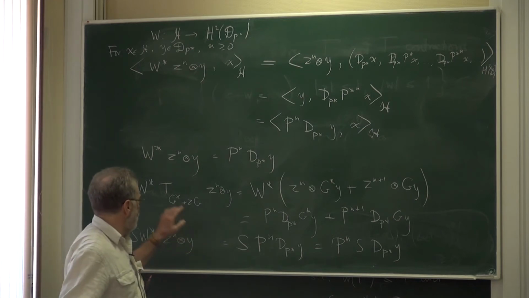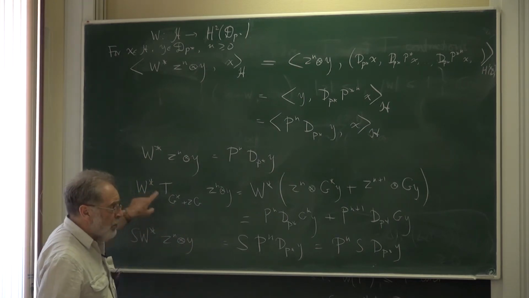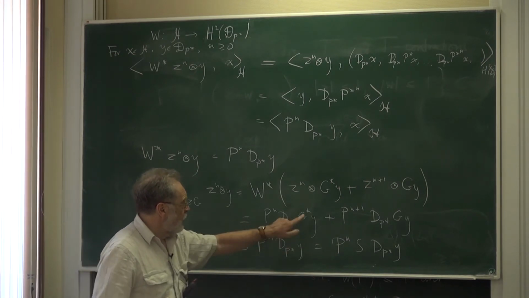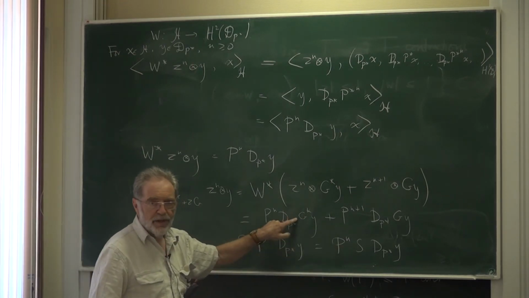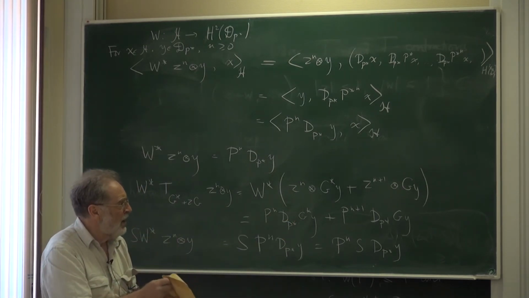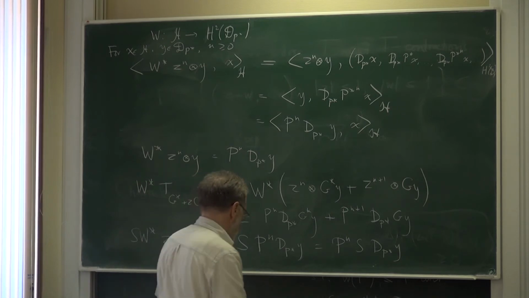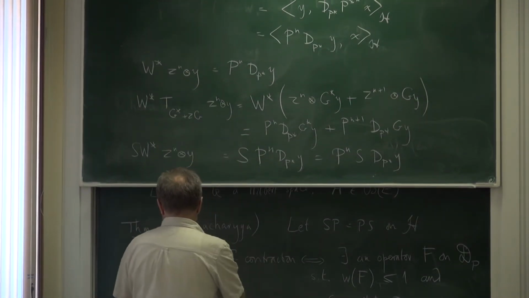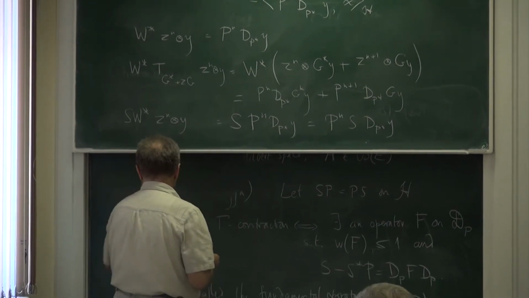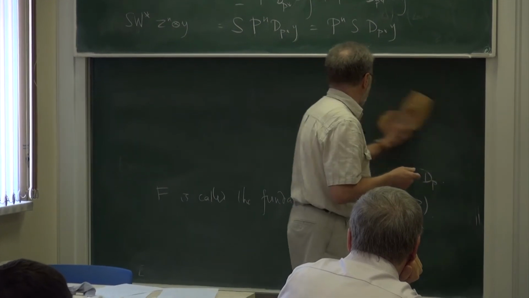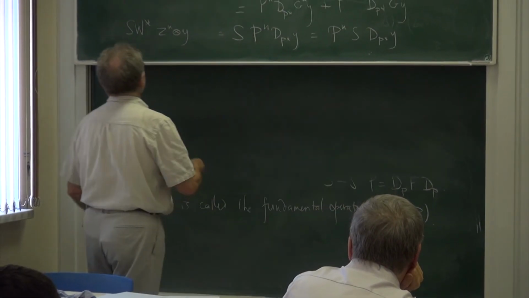And so we have two expressions for the two sides of the equation I'm trying to prove. So it ought to be the case that this is equal to this, if what we're trying to prove is true. So let's look at the difference.